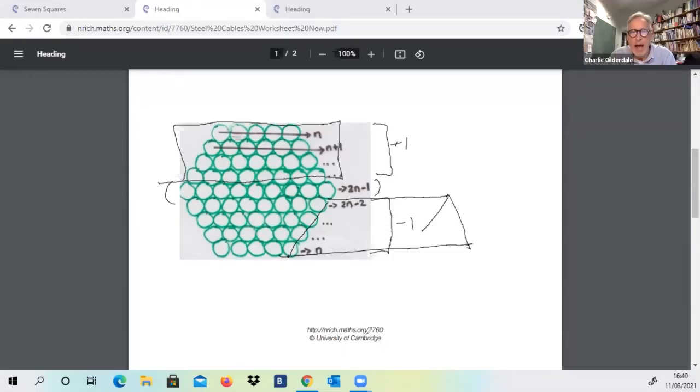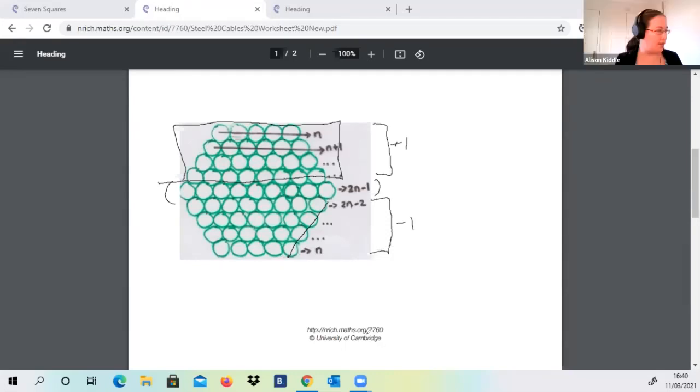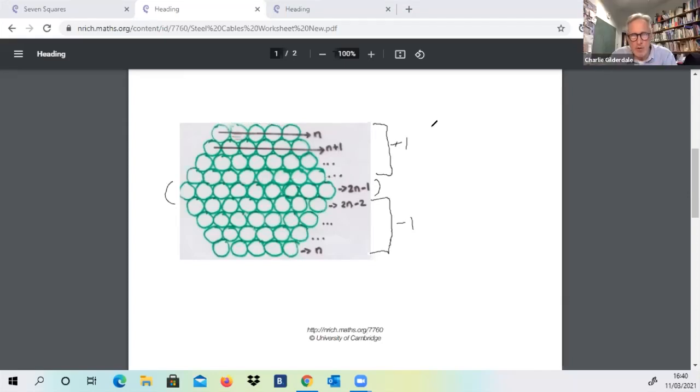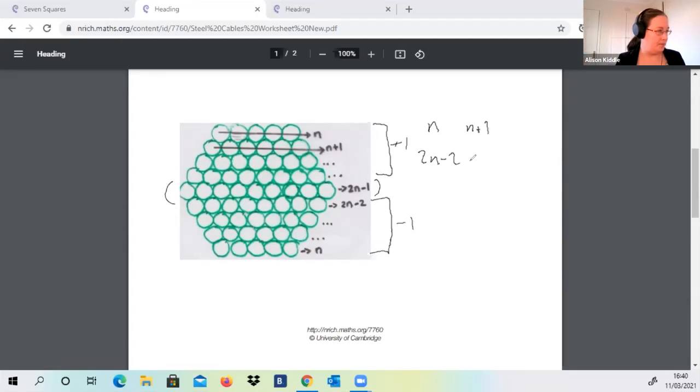Yes. Okay, let's have a go at doing the algebra to go with that then. So I think the top row from the top plus the top row from the bottom half will be n plus 2n minus 2. Okay. And then the next pairing will be n plus 1 from the top and 2n minus 3 from below.